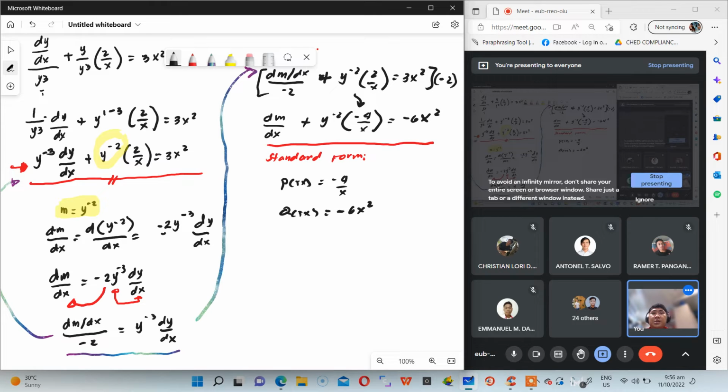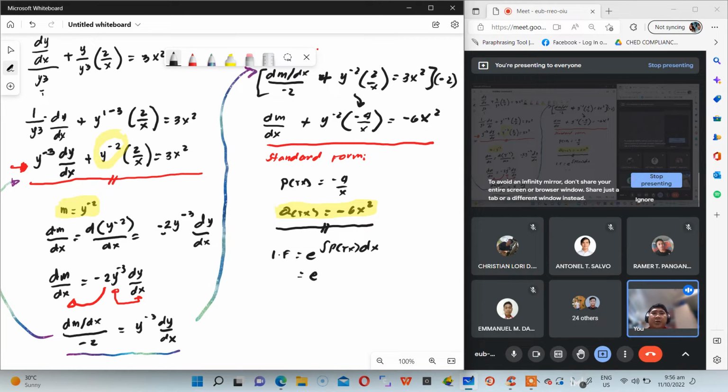Okay, so from here, since we have this already, we could solve using integration by parts. But again, in our general solution, we need this one. This is important. Okay, m and q, then the integrating factor. So the integrating factor is the same, e raised to the power of the integral, but now of the transformed p of x dx.